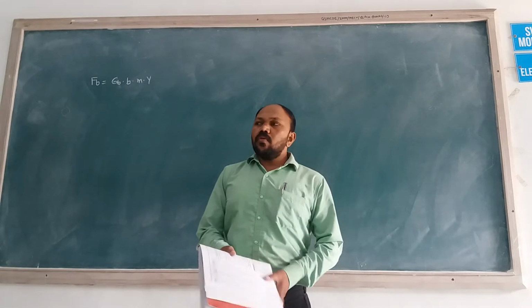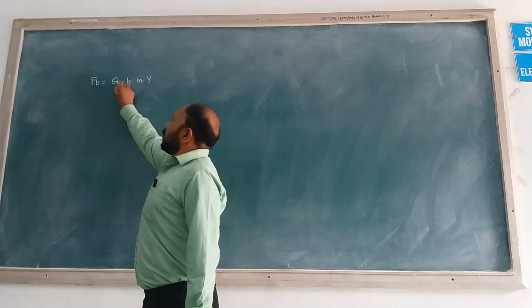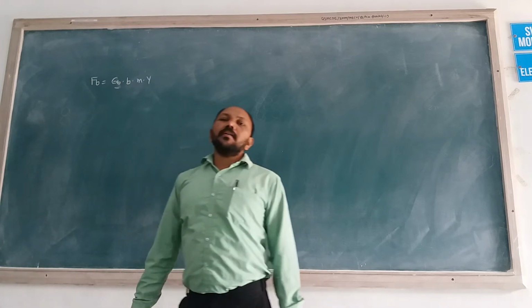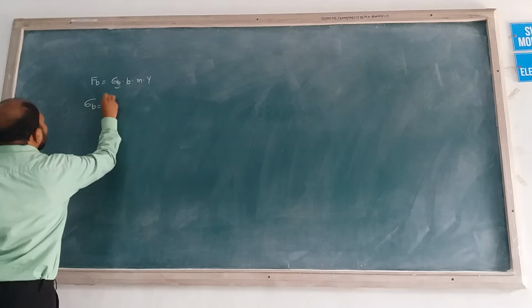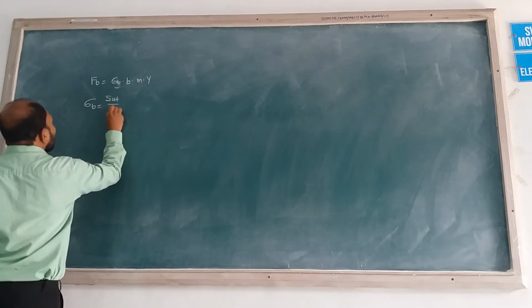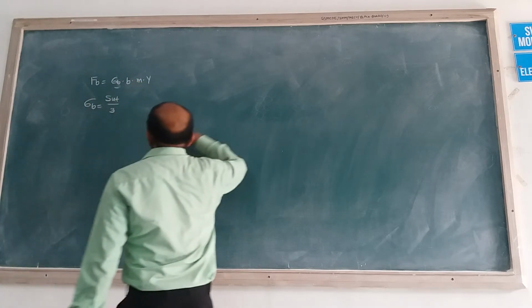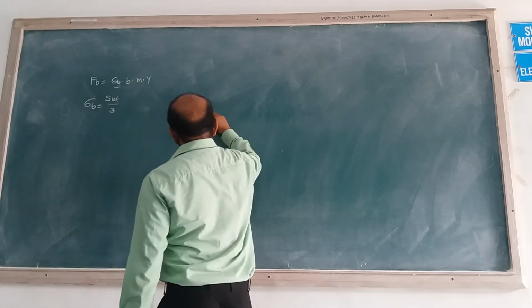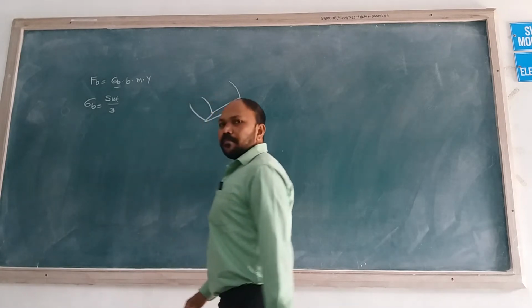Now, if we consider this equation, this sigma b value depends on material. That is, sigma b is equal to SUT upon 3. This b is called face width.